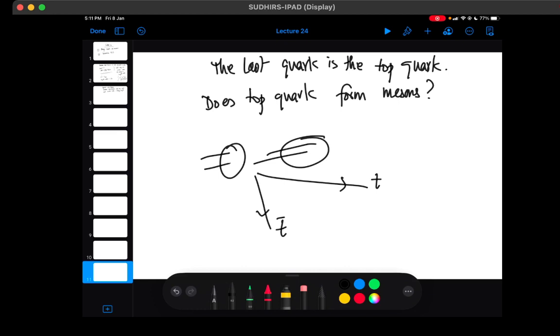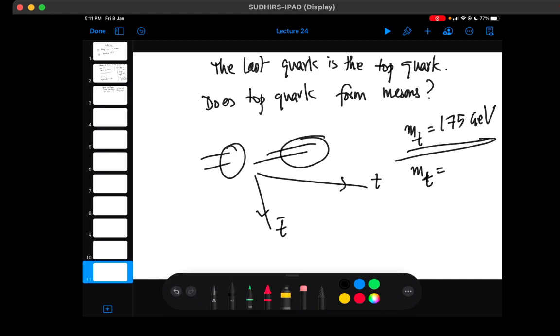Now this top quark has a mass mt, one of the most important parameters in the standard model, 175 GeV. So mt is 175 times the mass of the proton.